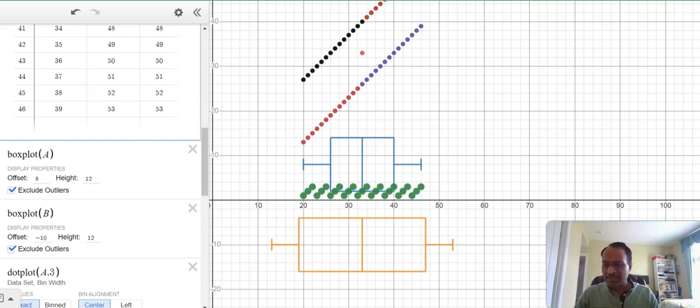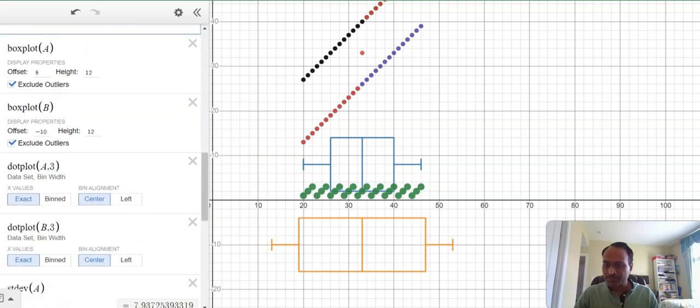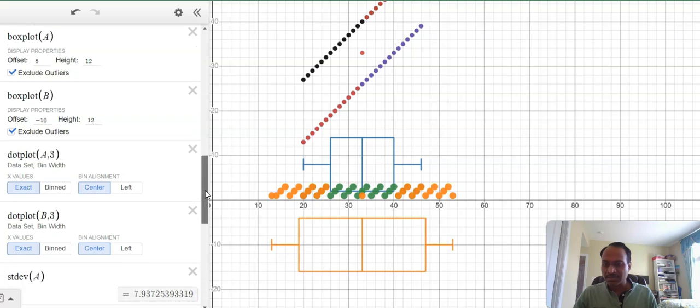If we see the numbers in the box plot, the orange color numbers, the median is the same. If you see, the median is 33, the green color median is also 33, but the numbers are spread more, so the range is increased. The standard deviation will also increase.